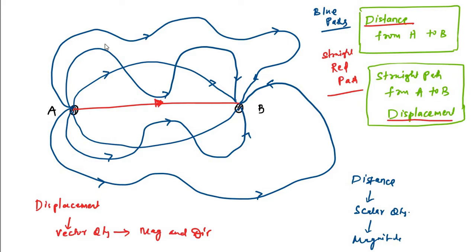Here there can be infinite possible ways by which we can reach from A to B. Okay, they are all distance, but only one shortest, straightforward path from A to B, that is displacement. This is the fundamental difference between distance and displacement, but both are expressed in the same unit of length, be it meter, kilometers, centimeter. So they are expressed in the same way.